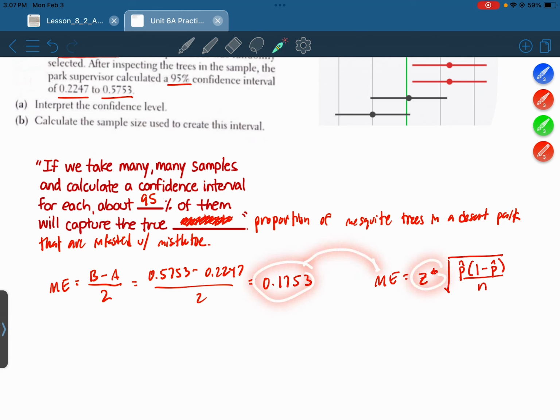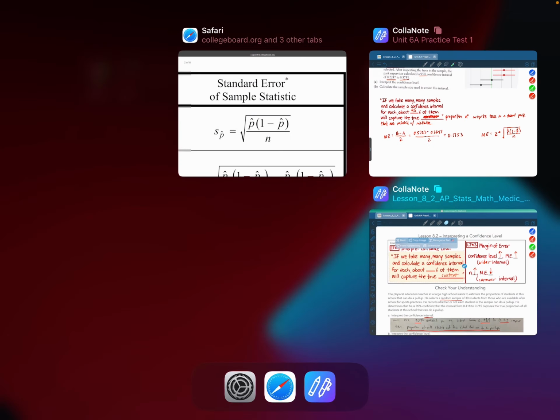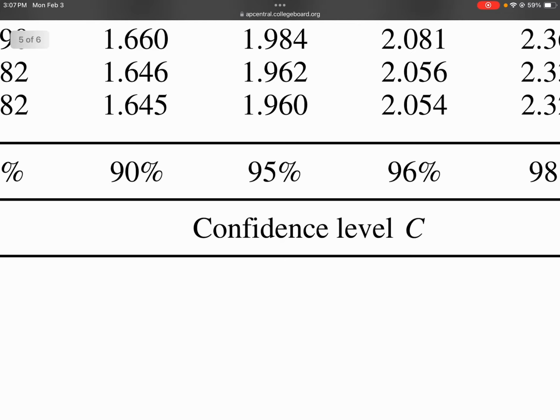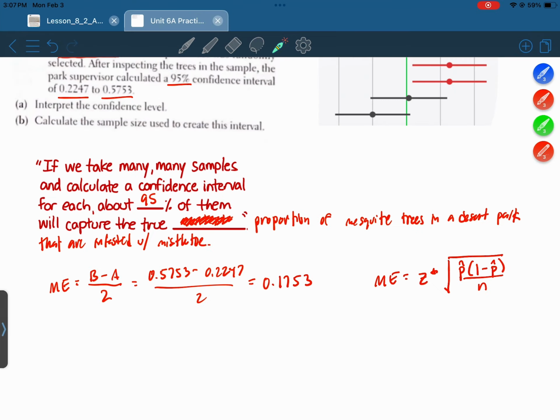The z-score, well, since I know the confidence level, let's look up the z-score real quick. 95%. All right, so the z-score is going to be 1.96. We don't know the sample size, but that's what the question is asking us to find.